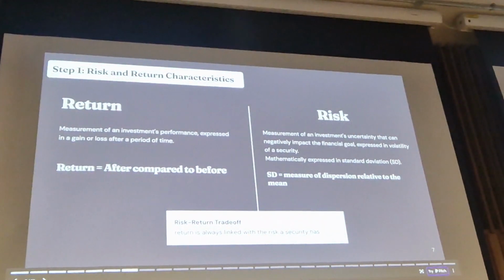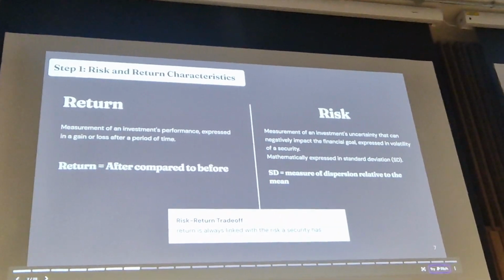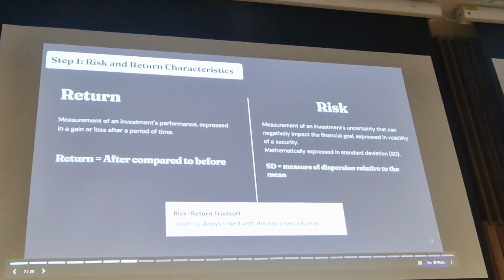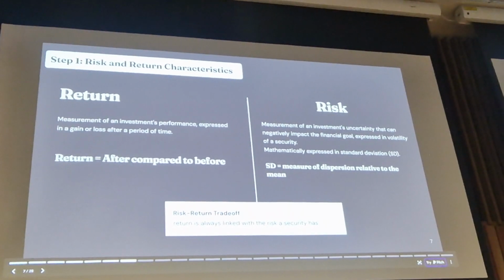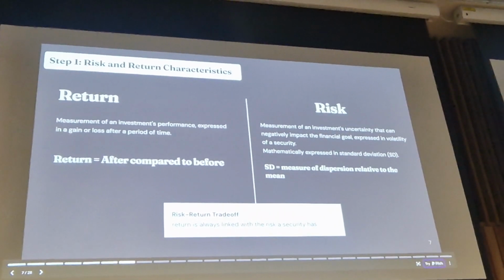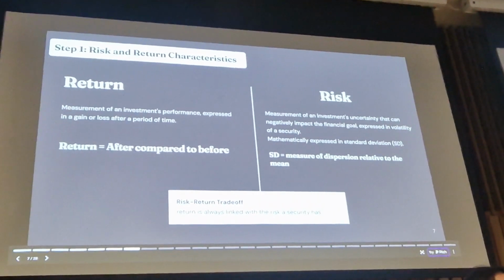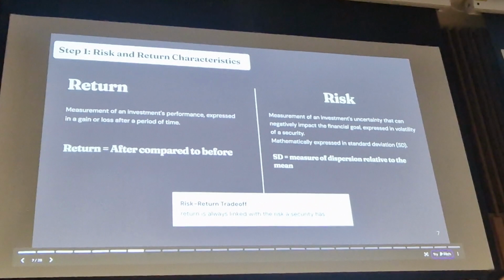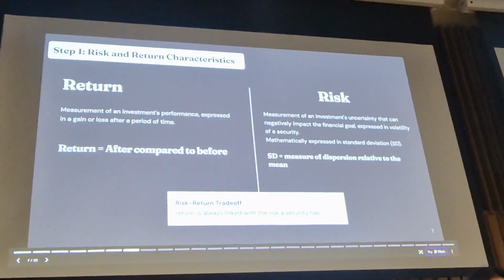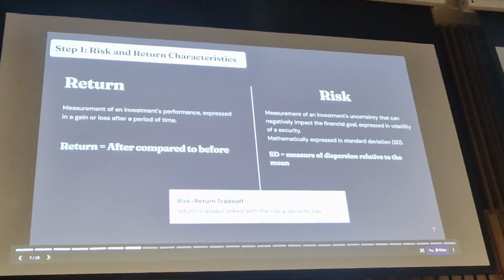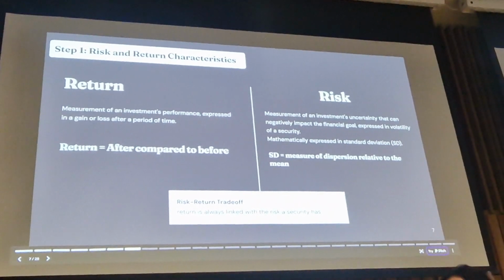So return and risk, I believe we are familiar with the concept, but just to reiterate, return is basically the comparison of after and before. We usually use the close price from the traditional stock trading, although crypto doesn't actually have a close price, because we don't have stock market trading hours, right?